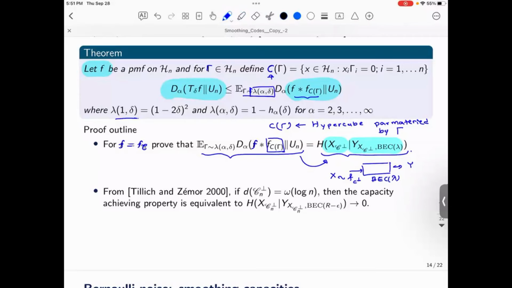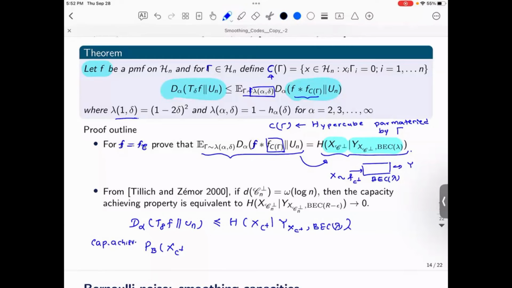Now we have something like this. So you already see that the error correcting capabilities of dual codes appear here on the right side, but the actual requirement, so capacity achieving means this thing.